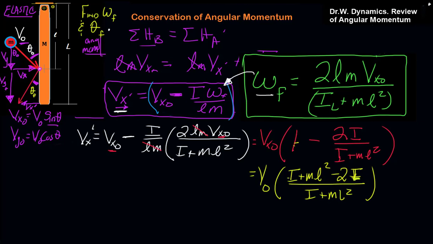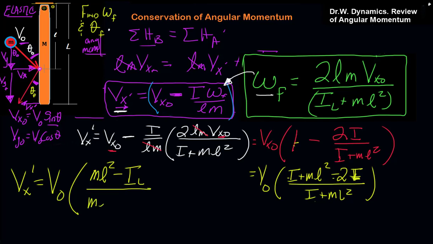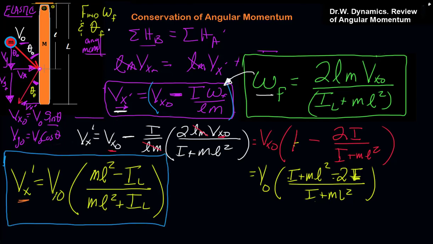And this I minus 2I gives us a very interesting little answer here. We get that Vx prime is V0 times ml² minus IL over ml² plus IL. These are still x zeros here and here.